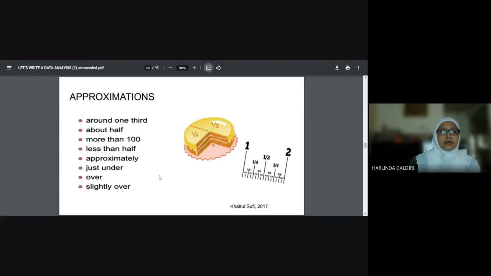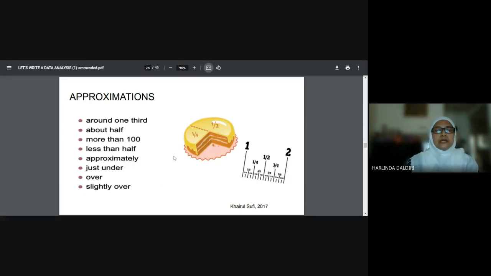So those are very simple. What you need to know is you have the options of using these expressions when the number is not a round number, or you don't know exactly where the data stops or where the data actually pinpoints at, okay.